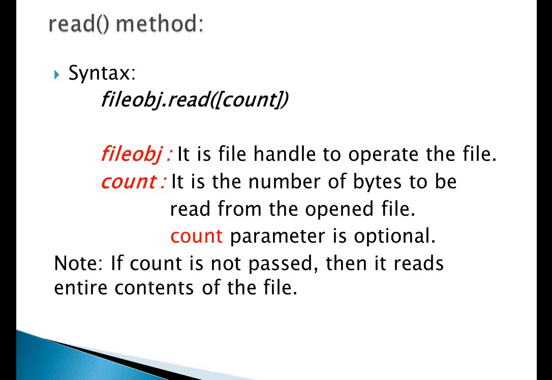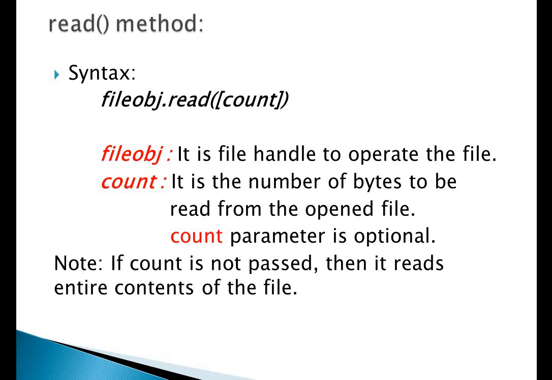So file object is the handle to operate the file, and count is the argument. It is the number of bytes to be read from the open file. Count parameter is optional. If count is not passed, then it reads entire contents of the file.